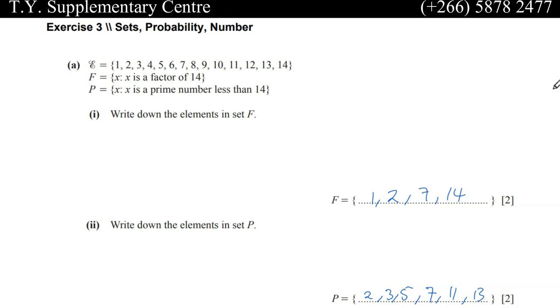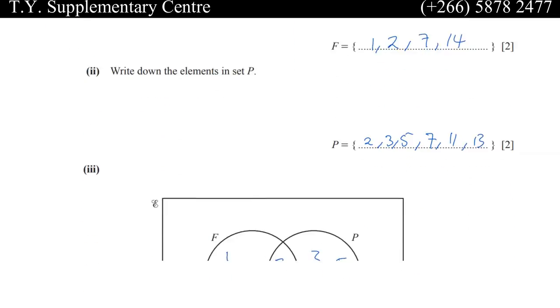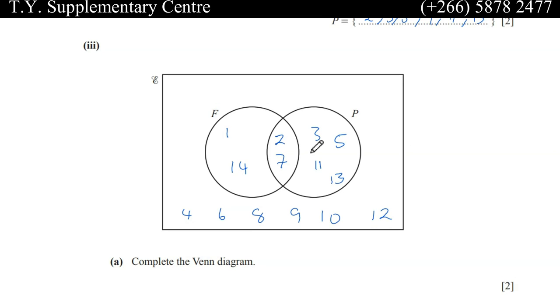But then in the Venn diagram, we can use it to find the total number of elements which belong to F together with the elements which belong to P. So this is 1, 2, 3, 4, 5, 6, 7 and 8, meaning the number of elements in F union P is 8 elements in total. That is the elements in set P together with the elements in set F.